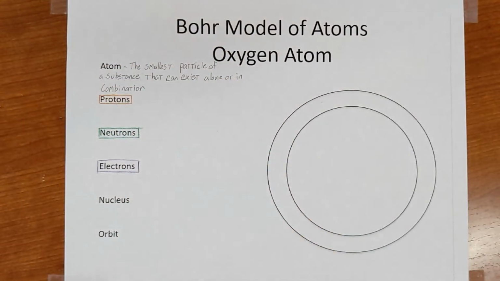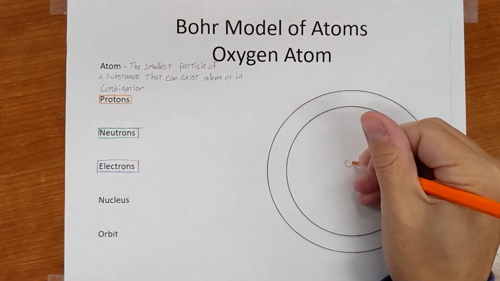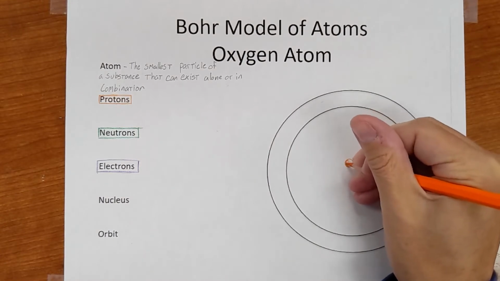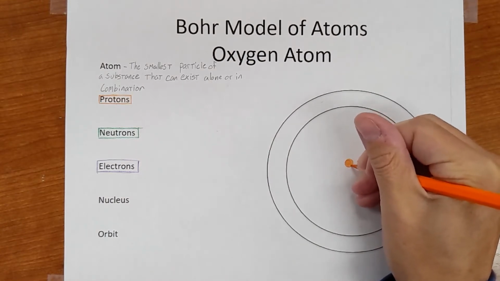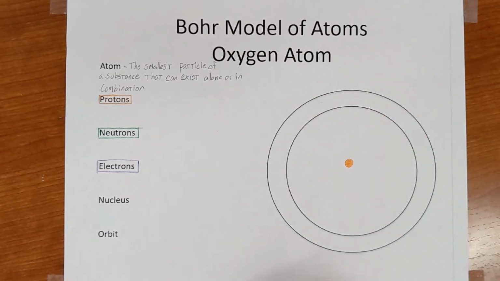All right. So protons, these are subatomic particles that are part of the nucleus. So let's just do this in bullet points to make things easier. So protons are going to be the orange particles that we have here in the nucleus of the atom.